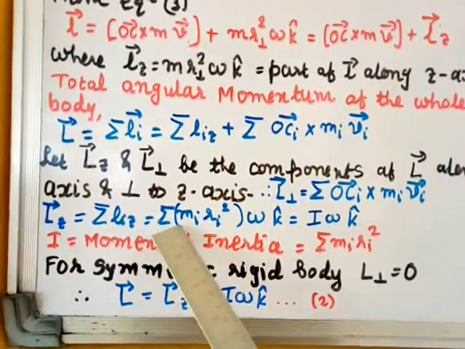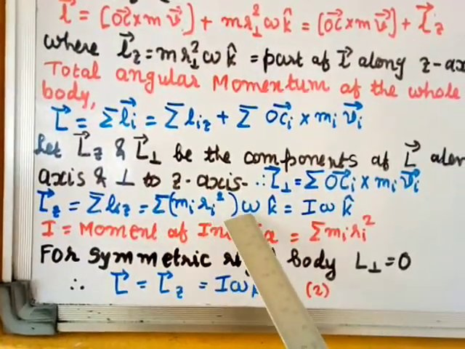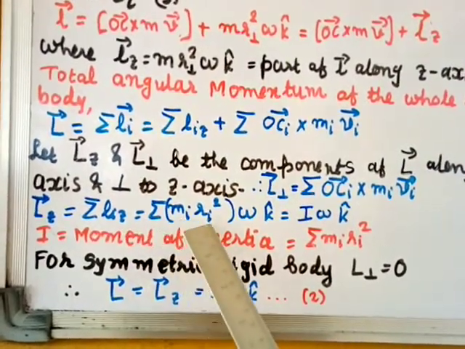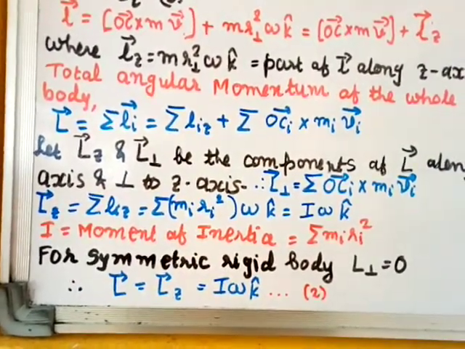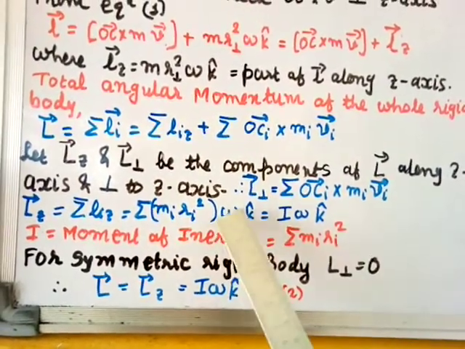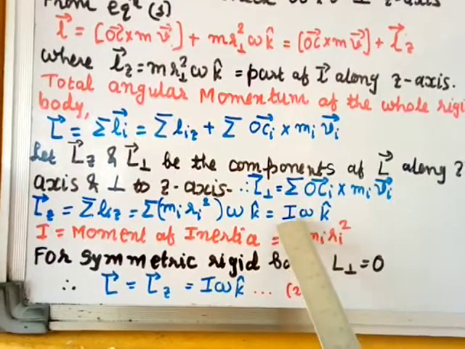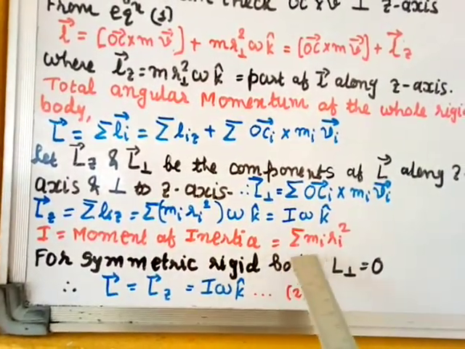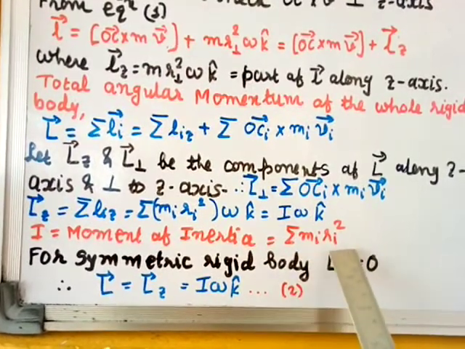So I am writing summation mi ri square omega k cap. But you know that summation mi ri square is nothing but the moment of inertia. So I place this as capital I, with omega into k cap as it is, where I is the moment of inertia equal to summation mi ri square.